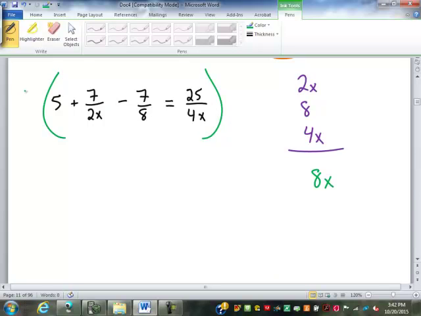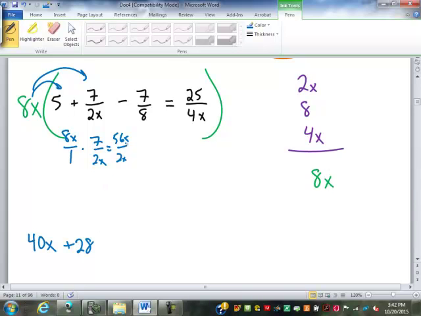So I'm going to multiply this whole equation by 8x. So this will be 8x times 5, which is 40x. And then here, this is going to be 8x over 1 times 7 over 2x. That's 56x over 2x. 56 divided by 2 is 28. X divided by x divides out.